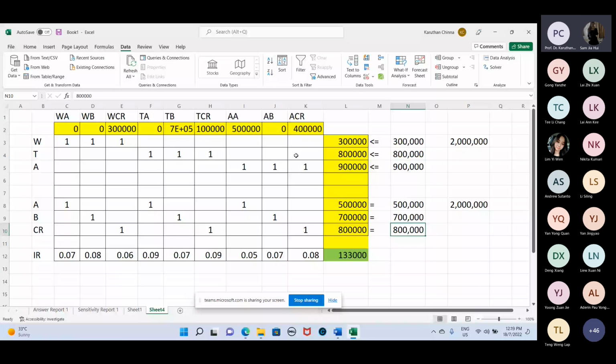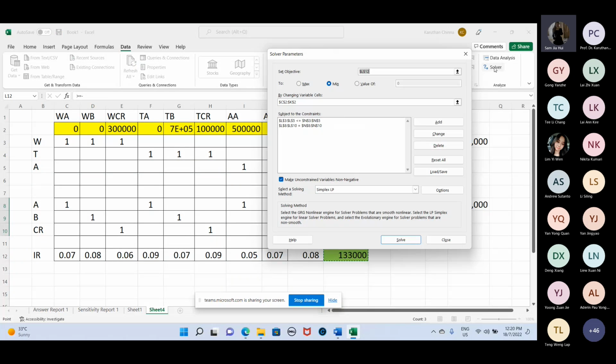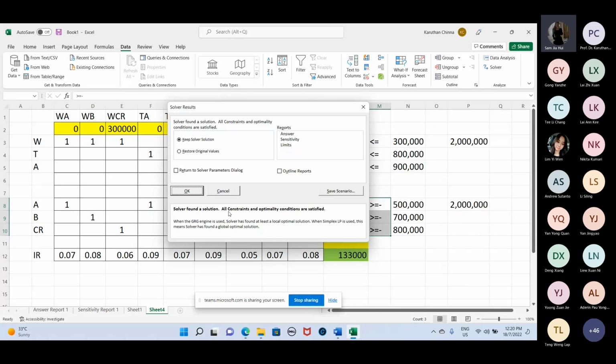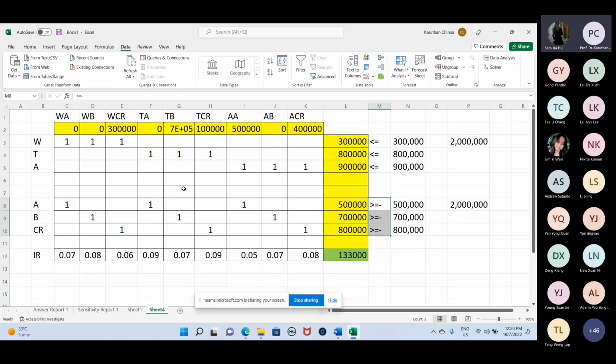Okay, let me try here. Put this more than equals. Still the same. I don't know why, where is the mistake. Okay, figure it out.